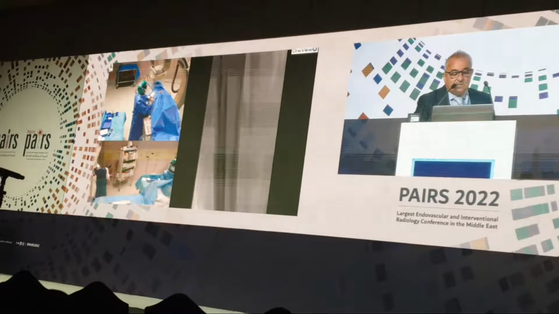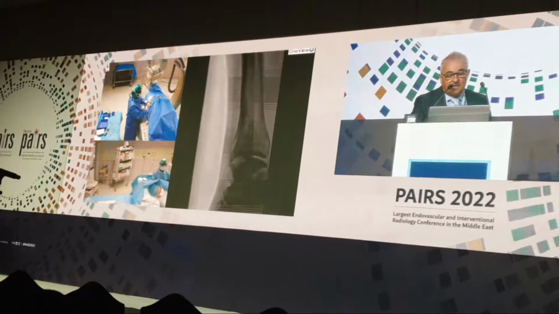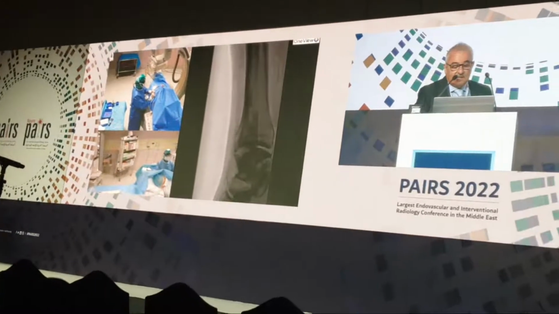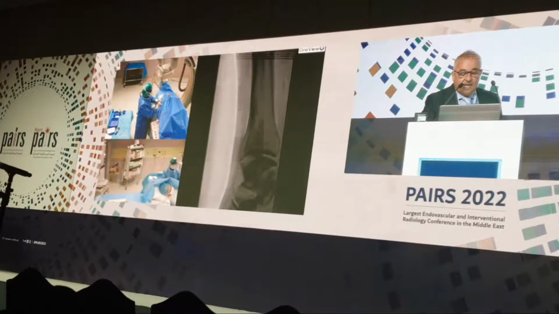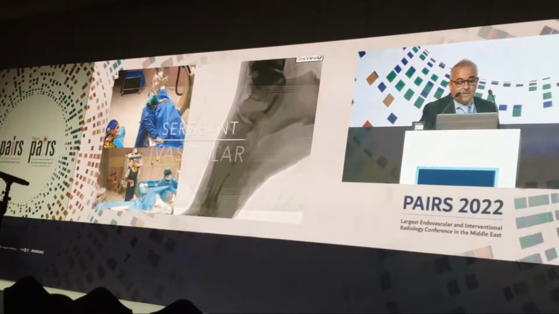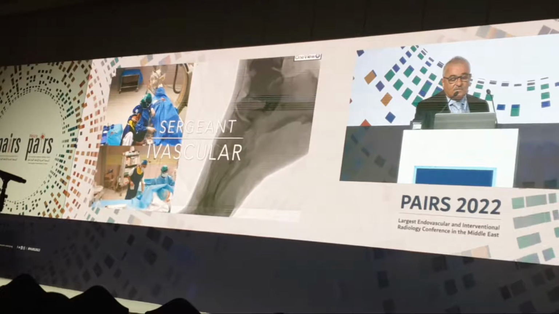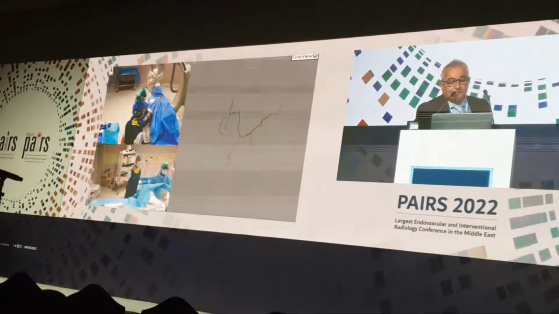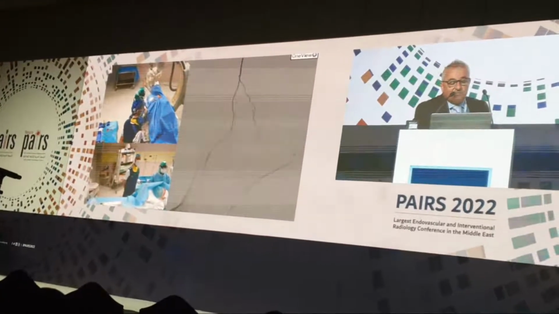As you can see, we have a severe and long occlusion of the tibial anterior and posterior, and the flow in the foot was very bad. We decided to arrive into the foot.